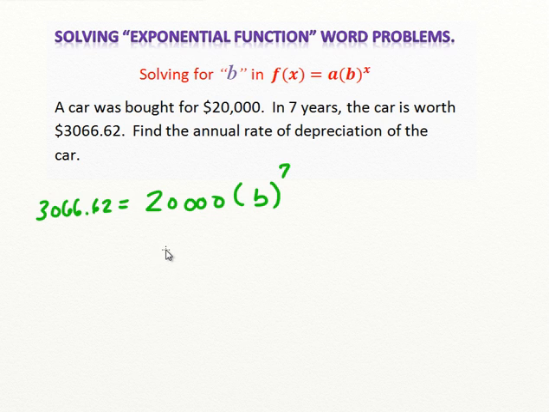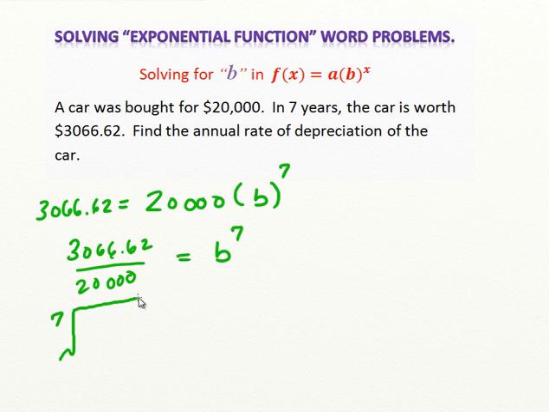Just like we did before, we will isolate the variable b. So I will take $3,066.62 and divide that by $20,000, and that will be equal to b raised to the exponent 7. Then I will take the 7th root of both sides.